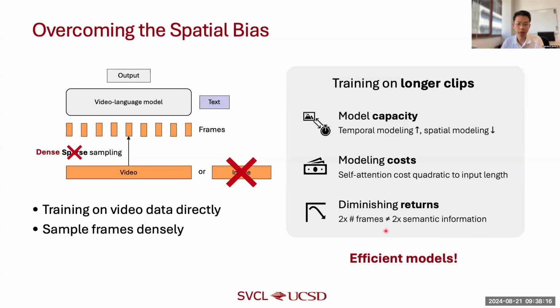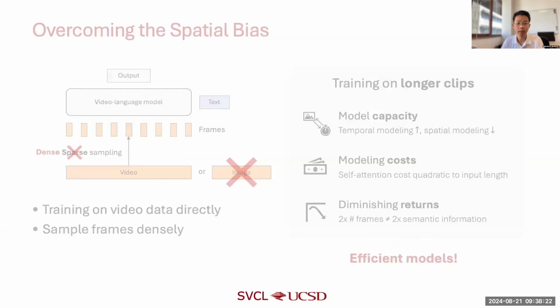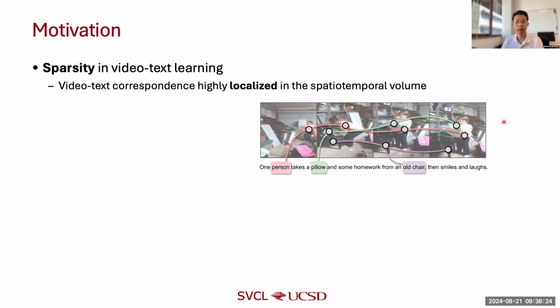So what are the solutions to all of these? We argue that we need a generation of more efficient video language models. To build towards an efficient model for longer clips, we start by noticing a natural sparsity in video text learning. As this video text pair shows, visual concepts from the caption, for example, the person, the pillow, and the old chair, each of them take up small portions of the spatial temporal volume in the visual signal.